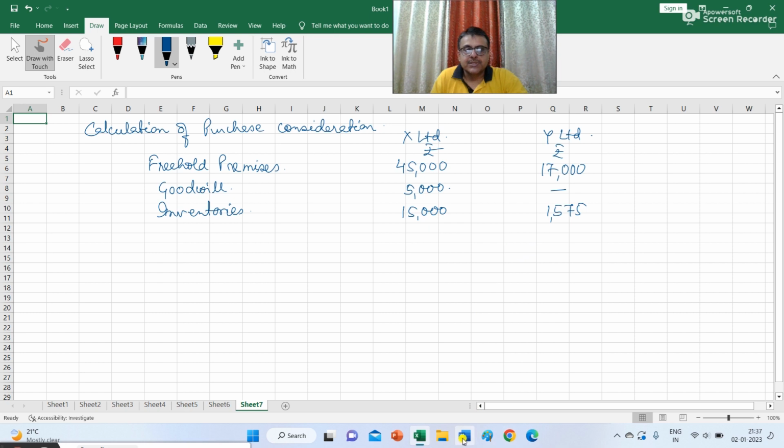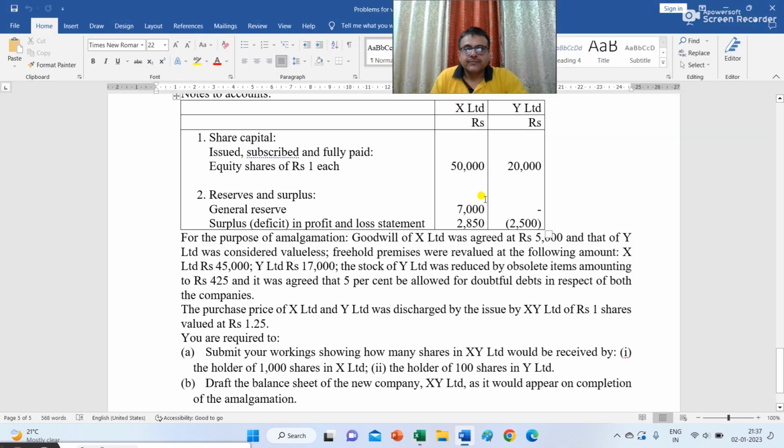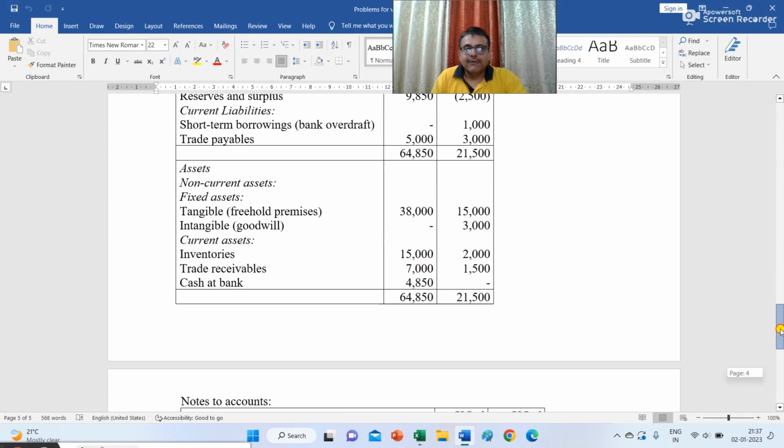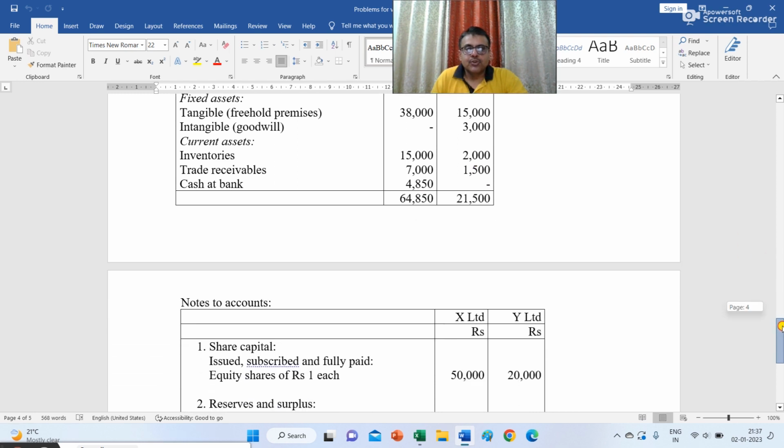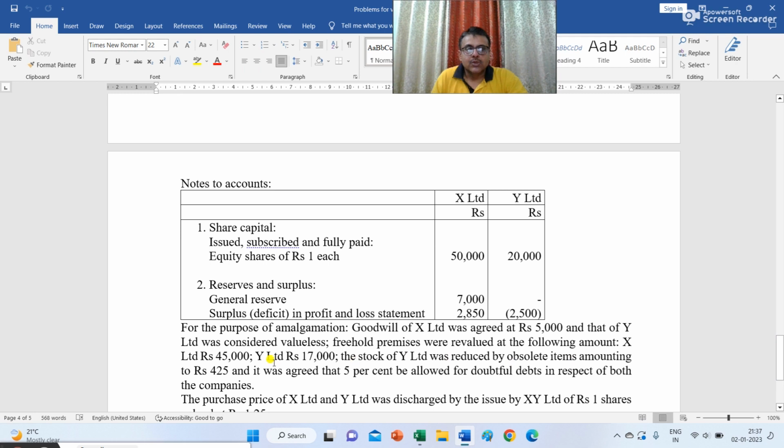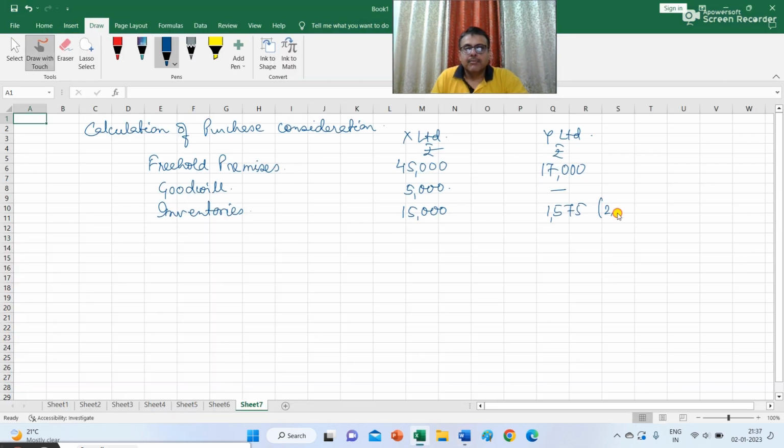In the question you can see that the value of inventory was 2,000, but there was an obsolete item of 425. So 2,000 minus 425 is 1,575.